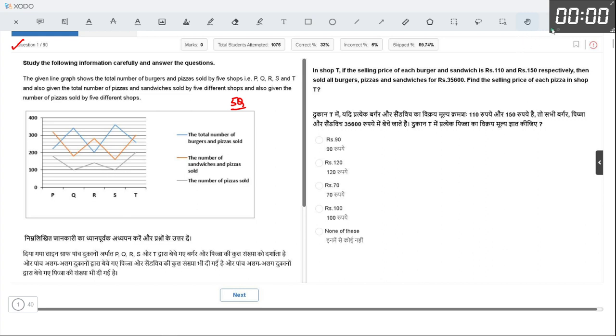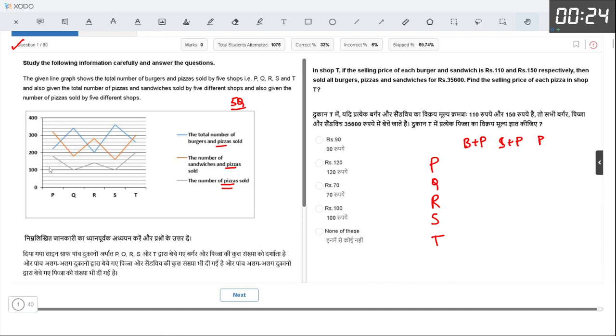Okay, so let's start. Here the bars are P, Q, R, S, T, and what are there? Burgers plus pizzas, sandwiches plus pizzas, and pizzas are there, right? So here they are adding the pizzas. So first take the pizzas, how many they sold.